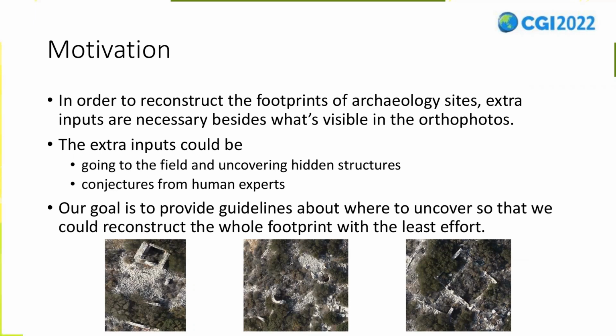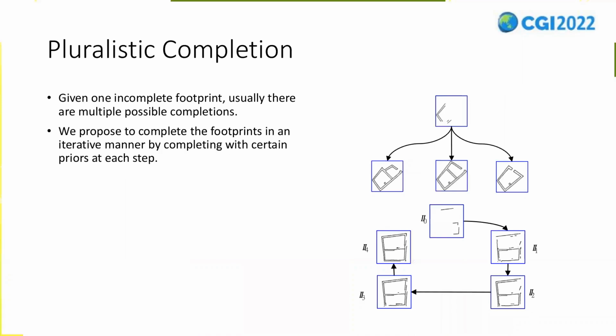Our work aims to provide guidelines about where to uncover so that we could reconstruct or complete the archaeology footprints with the least effort. Given one incomplete footprint shown in the first figure on the right, multiple possible completions exist.